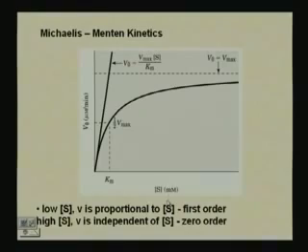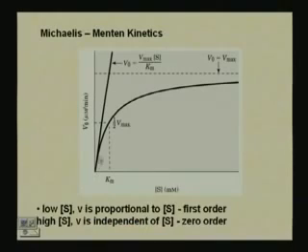So even though you increase the substrate concentration, the enzyme has a definite capacity to accept the substrate. So at a time you are going to attain saturation, and at high substrate concentration the velocity is going to be independent of substrate concentration, where you have 0 order kinetics. Initially you have first order kinetics at low substrate concentrations, where V is proportional to S.